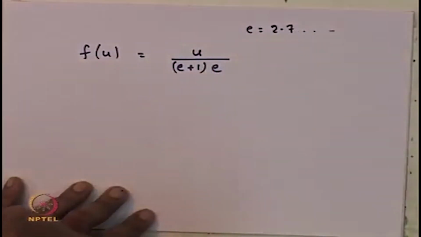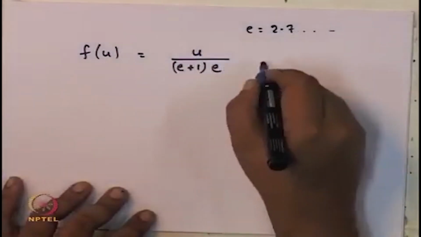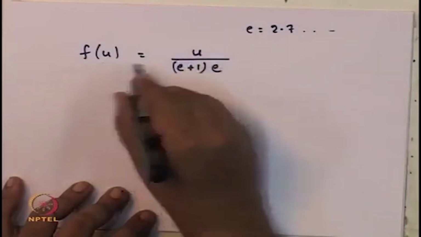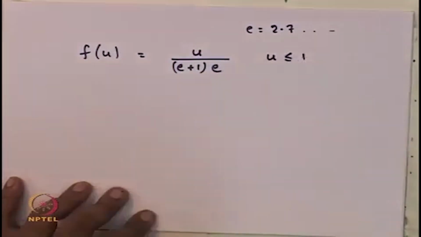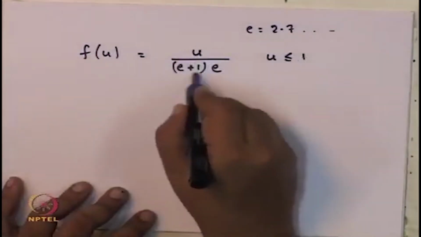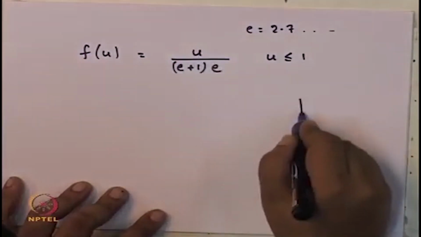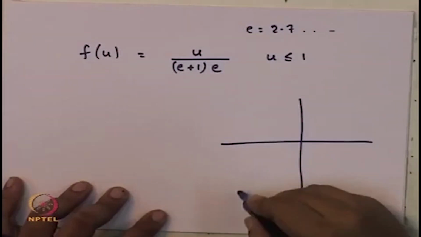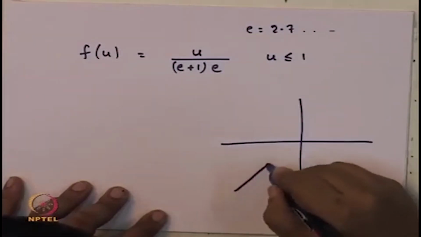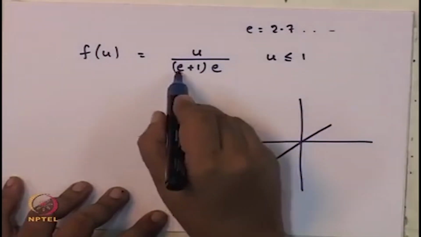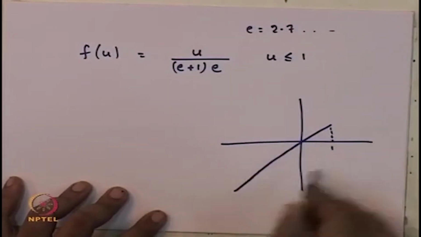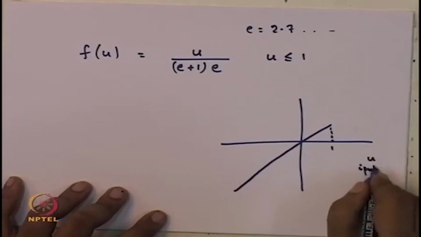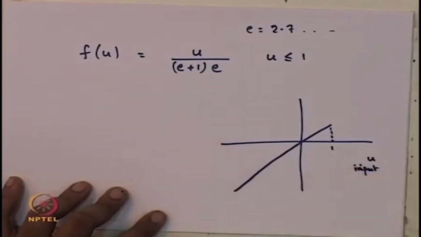This is the equation for f(u) for u less than or equal to 1. If you look at this, it is really linear. If you draw the characteristics, you are going to get a line with slope (e plus 1) by e, and this goes right up to 1, this being the input u.